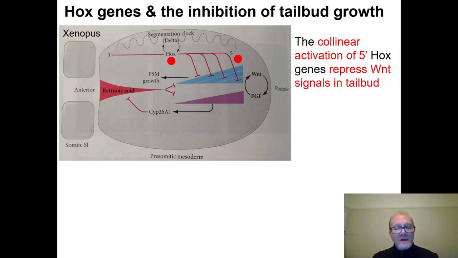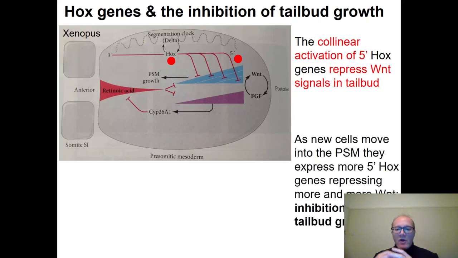And if you remember, Wnt signaling is connected to FGF. The two of them reinforce each other's expression. So when we start to remove Wnt signaling because these HOX genes are now repressing that signal, the tail bud growth starts to slow down and is inhibited. So this HOX signaling starts the inhibition process of the tail bud growth.